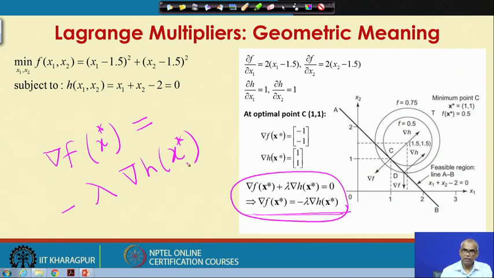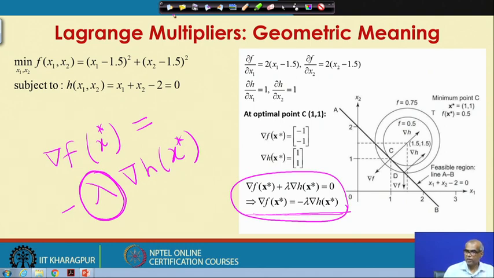So, what it means is that the gradient vector and the constraint vector are on the same line and they are proportional to each other, and this lambda, which is the Lagrange multiplier, is the proportionality constant. So, check this.